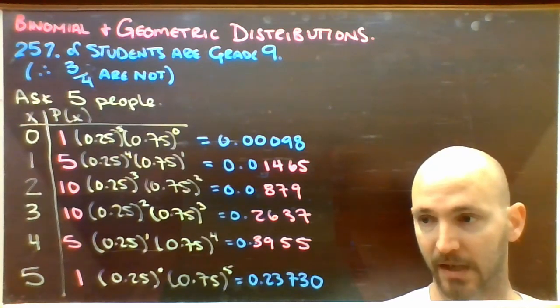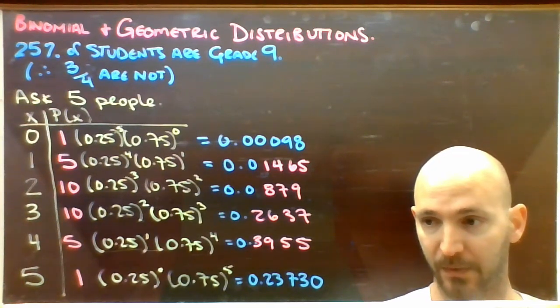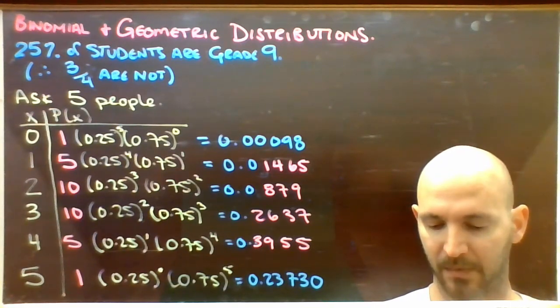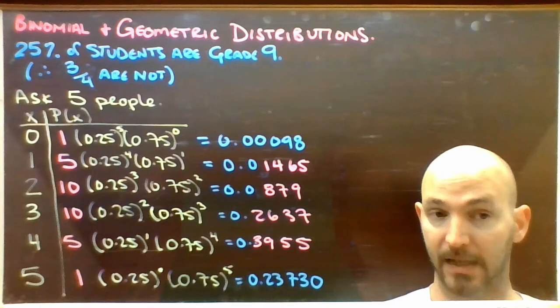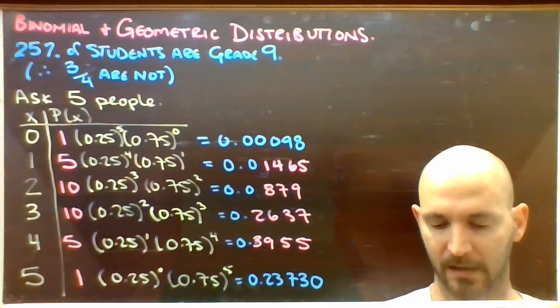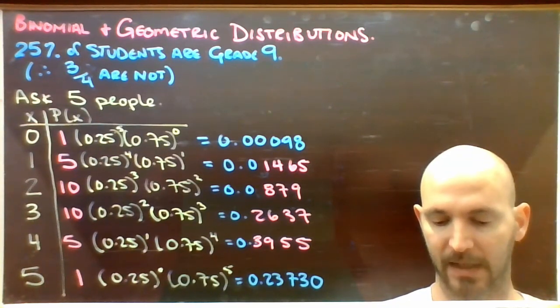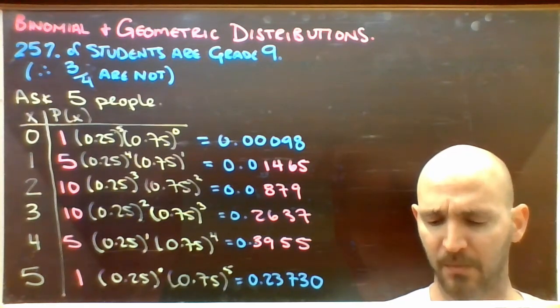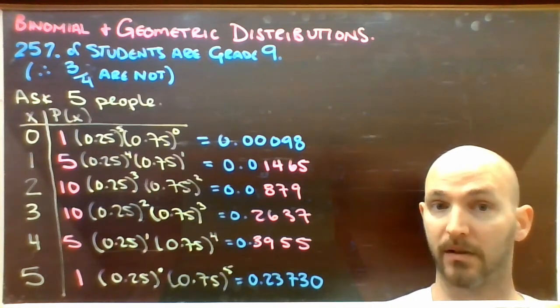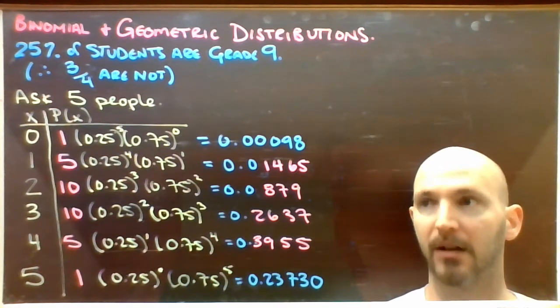So I'm going to give that a try. 0.2373 plus 0.3955 is 63%, plus 0.2637 is 89%, plus 0.0879 is 98.4%, plus 0.01465 is 99.905%, plus 0.00098 gives me 1. Almost right on the nose. There's a bit of a rounding error, but it's pretty close.